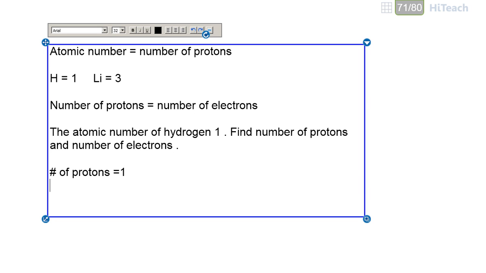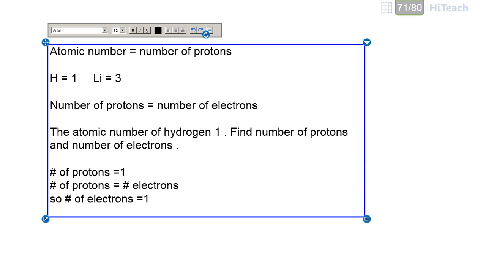And as we know, the number of protons equals the number of electrons. So the number of electrons equals 1. Is this clear?